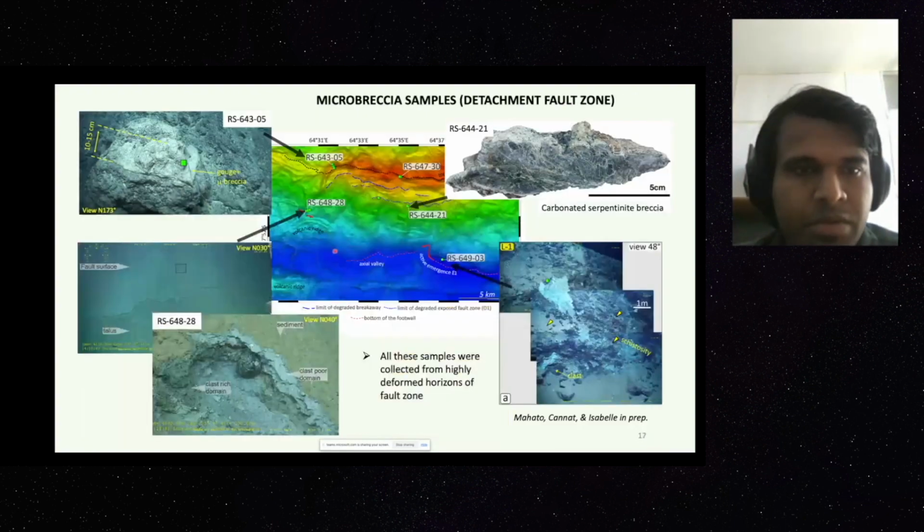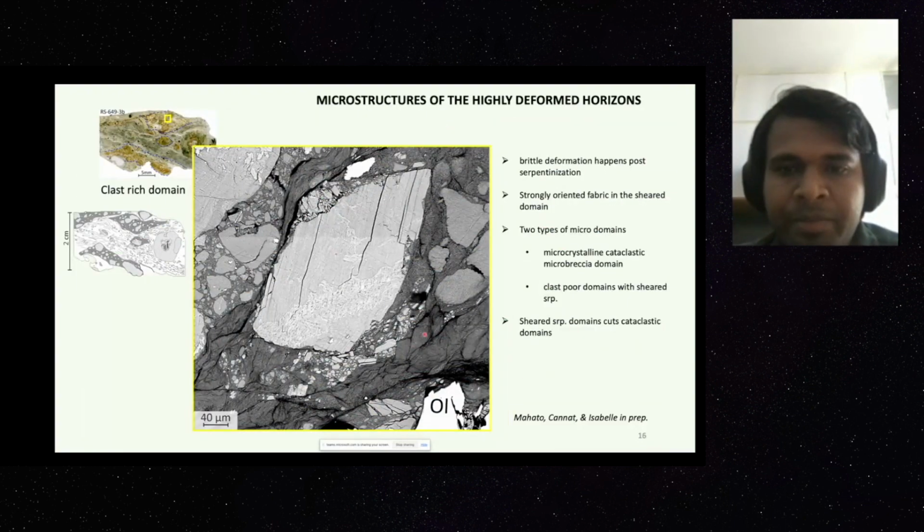And then previously we saw that these darker gray areas represent highly sheared serpentine, and here this textural evidence shows that this sheared serpentine with very micro shears is cross-cutting the cataclastic micro-breccia domain.